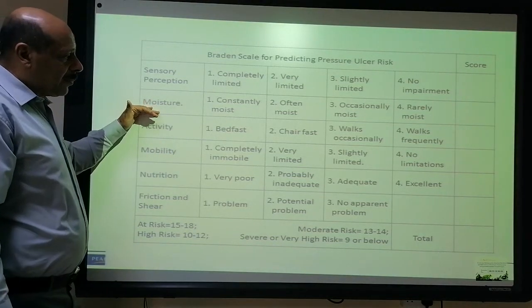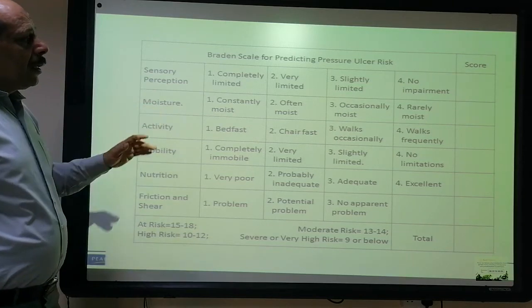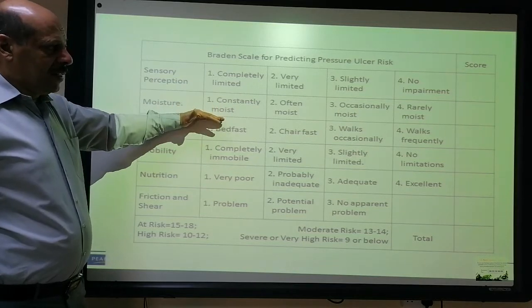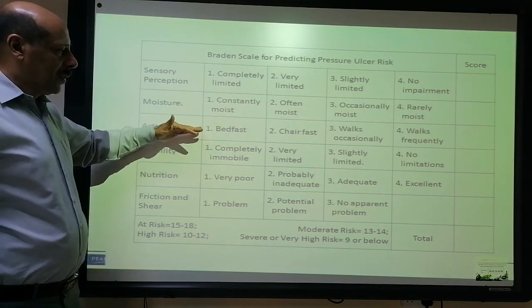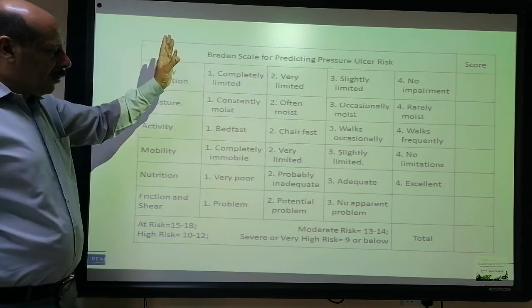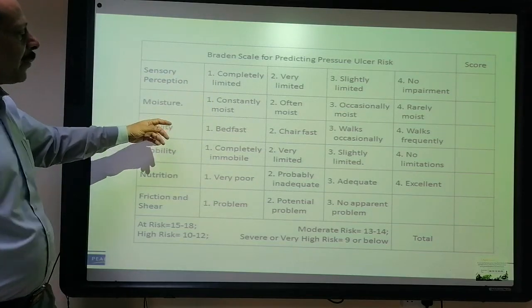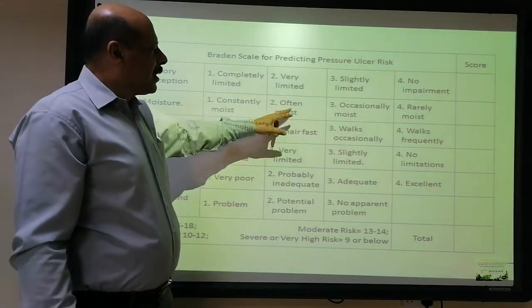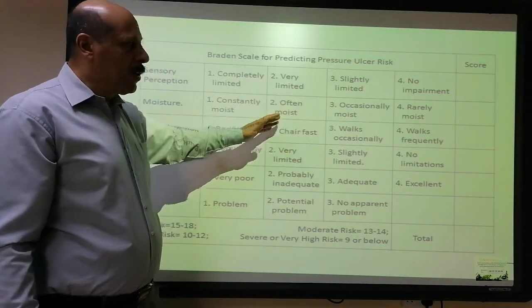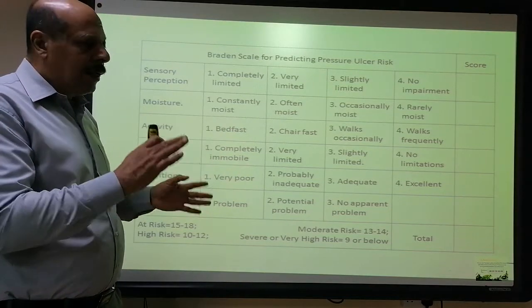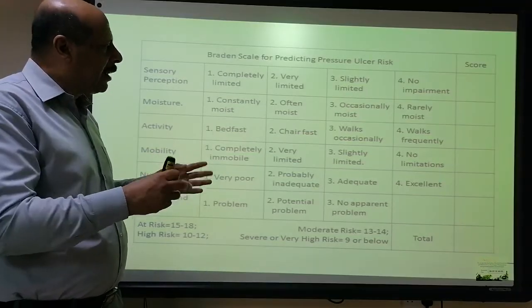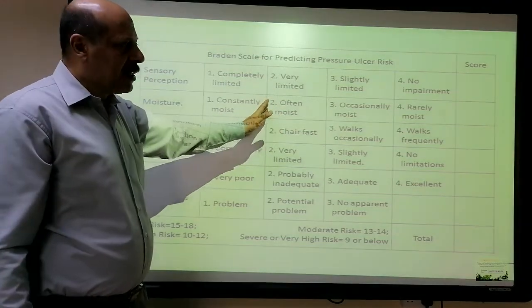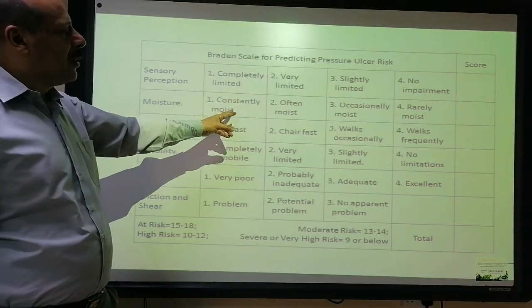About moisture, when he is constantly moist due to any cause, like fever or sweating, in this case he will get only 1 mark. If he is most often moist, so sometimes he becomes dry, but most often his body is moist, in this case he will get 2.